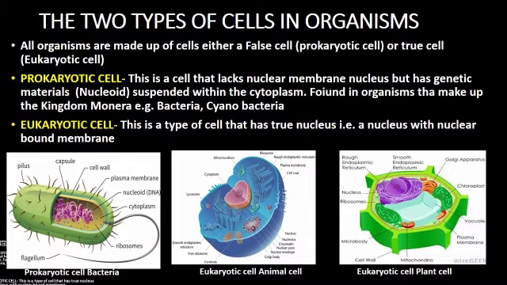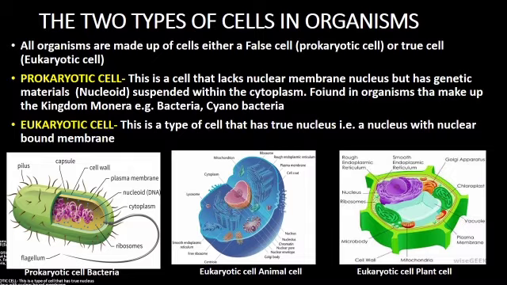So it's not a real nucleus. So we can say a prokaryotic cell is a primitive cell that lacks a true nucleus and lacks a nuclear membrane. An example of organisms which have this is the kingdom Monera. All the organisms under kingdom Monera, like bacteria and cyanobacteria, have this kind of cell.